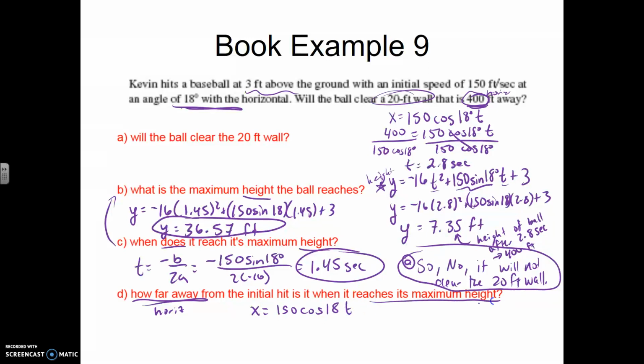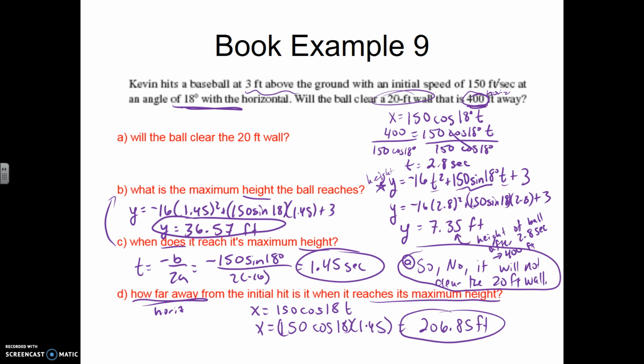Since we know that it reaches its max height when t is 1.45, I plug that into the x equation. So I get x equals 150 cosine 18 times 1.45. When I type that in, I got 206.85 feet. So that's the horizontal distance to the maximum.